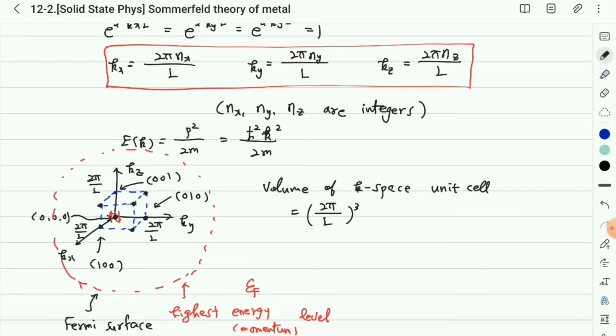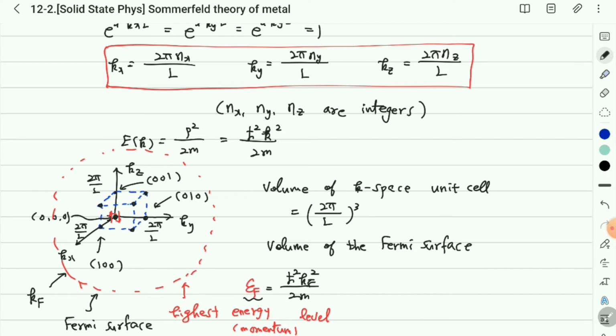And therefore, for the volume of the Fermi surface, the energy epsilon F can be written as ħ² kF² over 2m. Here it is momentum space, and the highest energy level state is kF. We call it the Fermi momentum, and corresponding to the Fermi momentum we can think about the Fermi energy.